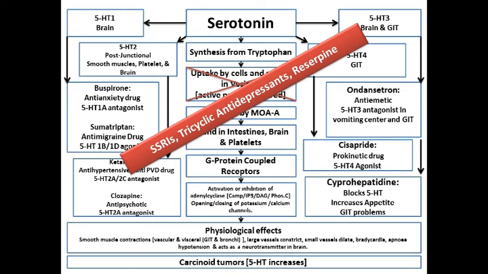So we have a few drugs like SSRIs, that is selective serotonin reuptake inhibitors, tricyclic antidepressants and reserpine. These are the drugs that will block this uptake either at the cell membrane level or at the vesicle membrane level. So the drugs of this class would be SSRIs, tricyclic antidepressants and reserpine.